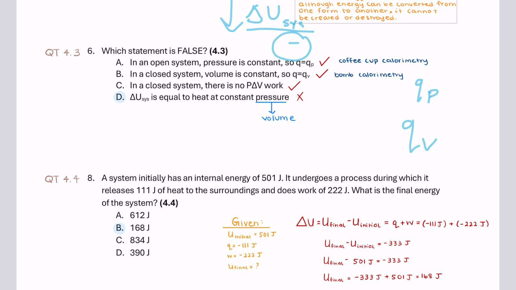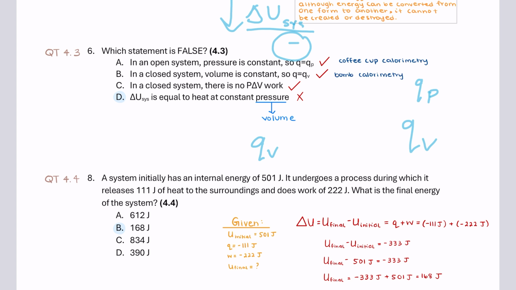So the heat at constant pressure is actually equal to enthalpy change, not internal energy. At constant volume, though, there is no pressure-volume work, so all of the heat contributes directly to changing internal energy. That's when delta U equals Q sub V, not Q sub P.